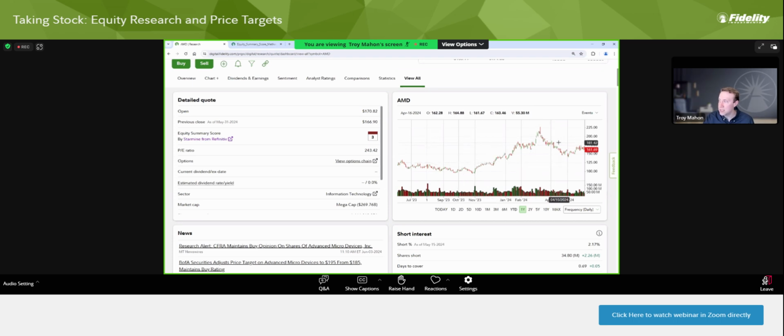It's now been tucking in and going sideways to down for about 3 months or so. So the question is, if people are upping their price target, are they saying, okay, we were bullish on the long-term growth prospects of AMD, but when the stock was at 200, well, now the stock's at 161, so maybe there's more attractiveness in the valuation.